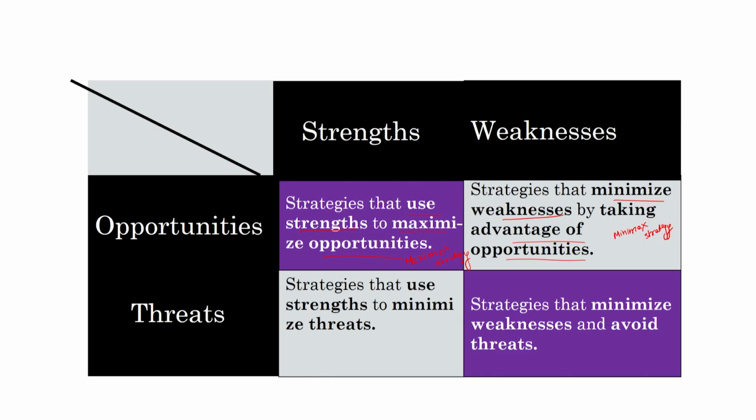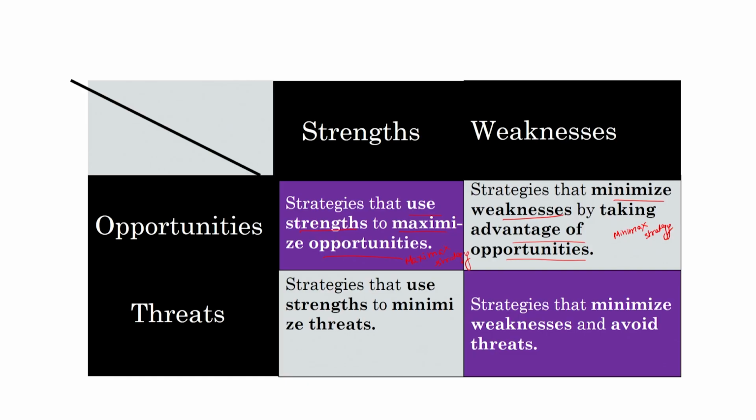For example, there is an opportunity that a new technology is available. If you adopt that technology, it will help to increase sale of your product. That is an opportunity from external environment. Internally, your weakness is that you don't have that technology. So what will you do now? Will you drop the idea? No. What we will do?